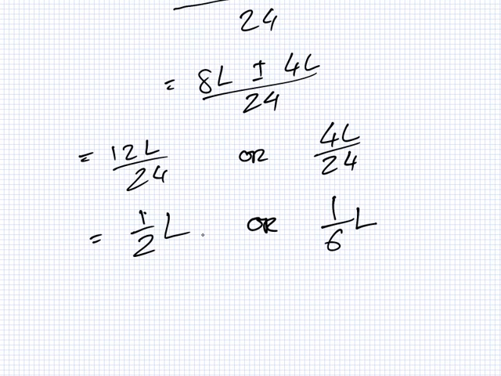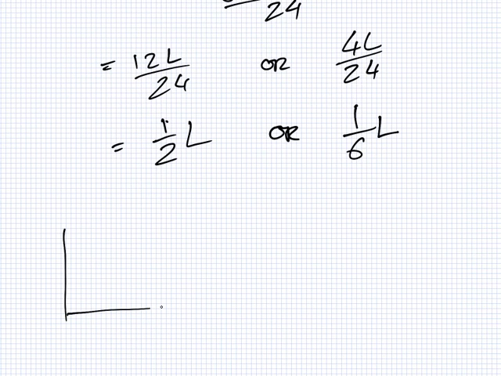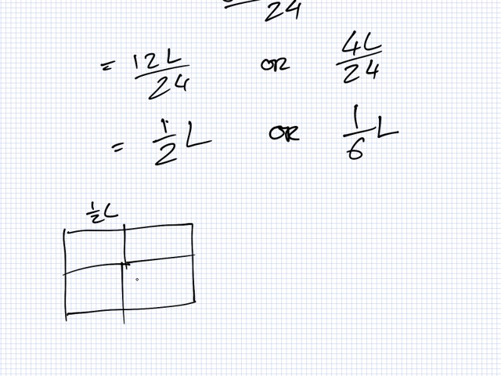One of these answers doesn't make sense. Which one? The half L. Yeah, but why does this not make sense? Because it's half the length. Yeah, if you cut off half the length from each corner, you don't have a box. You have nothing.